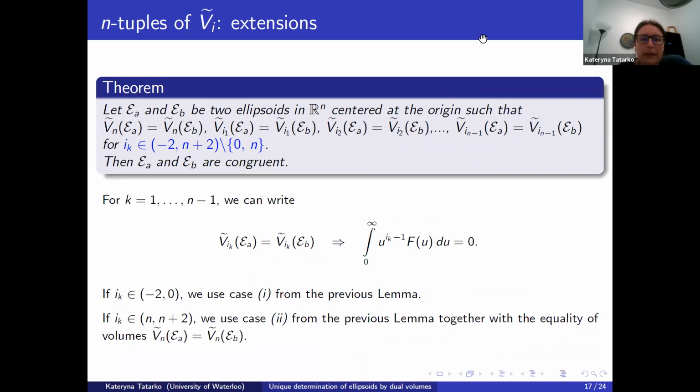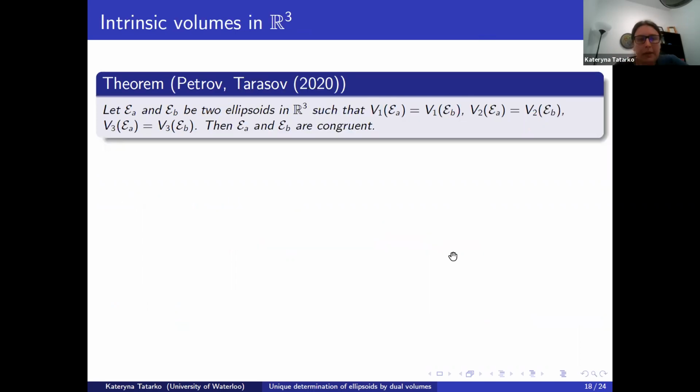So indeed, we can consider any n-tuple of dual volumes, so we can consider dual volumes coming from the dual Steiner formula, and they will determine the ellipsoids uniquely. So now what I would like to talk about in the end is how this result is connected to the classical question, the question which was asking about classical intrinsic volumes. So first of all, let's start with the three-dimensional case.